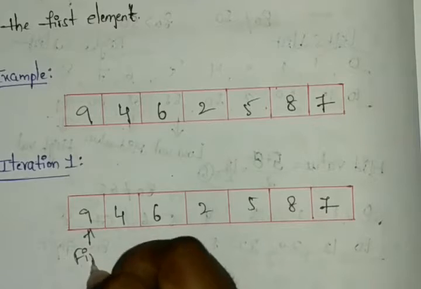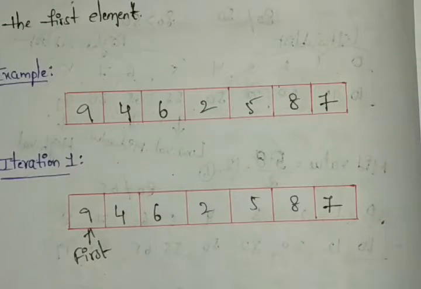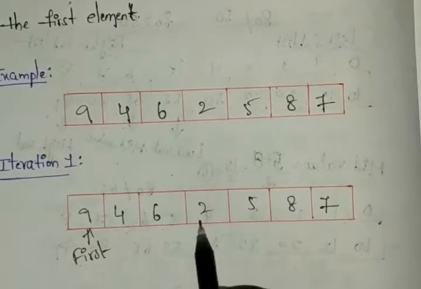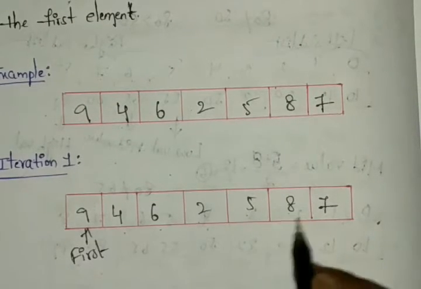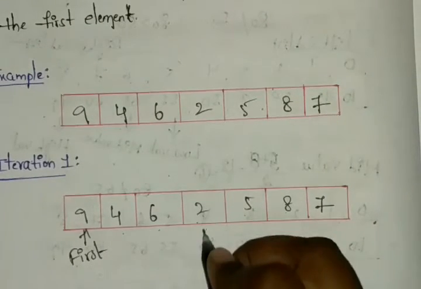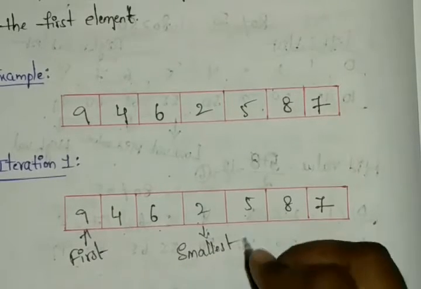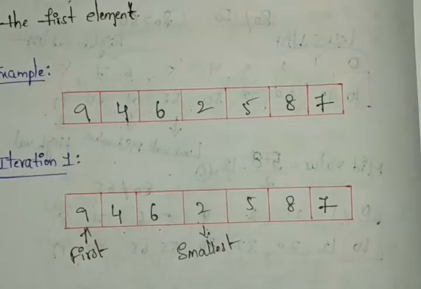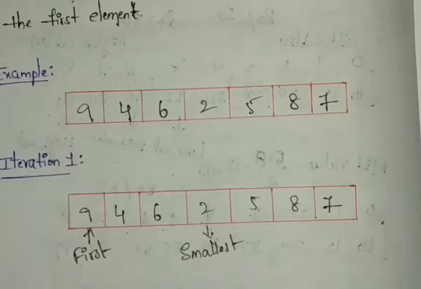And next, we look for the smallest compared to all the elements 4, 6, 2, 5, 8, 7. Here 2 is the smallest element compared to all the elements. So we mark this one as the smallest value. And after that you need to perform a swap for these two values.